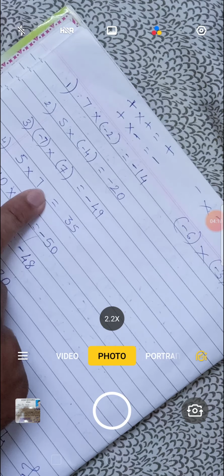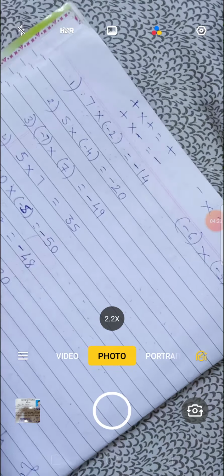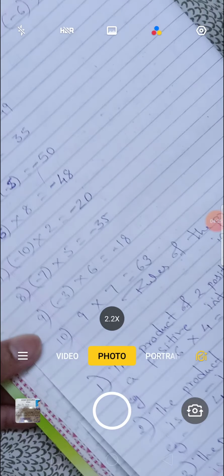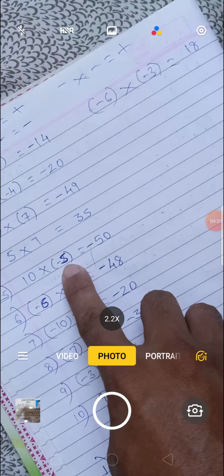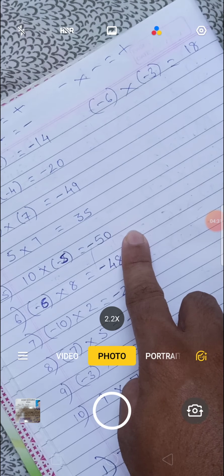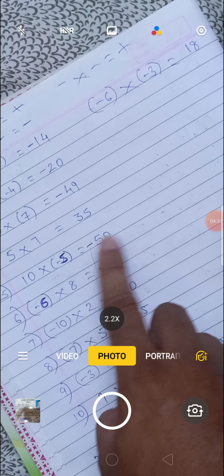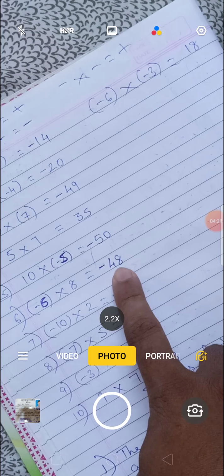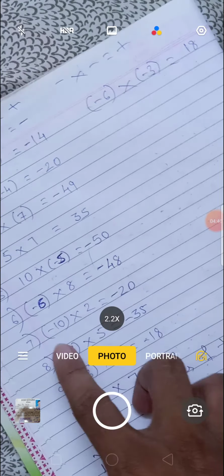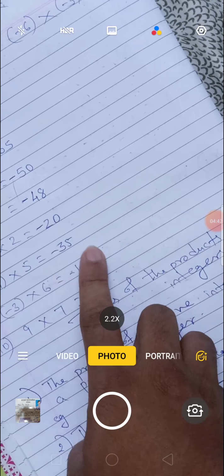Both the numbers are positive, so the answer will be positive. Again, one positive, one negative. 10 5s are 50. But one positive, one negative, the answer is always negative. One negative, one positive, the answer is negative. 6 8s are 48. See, all sums are like that only.